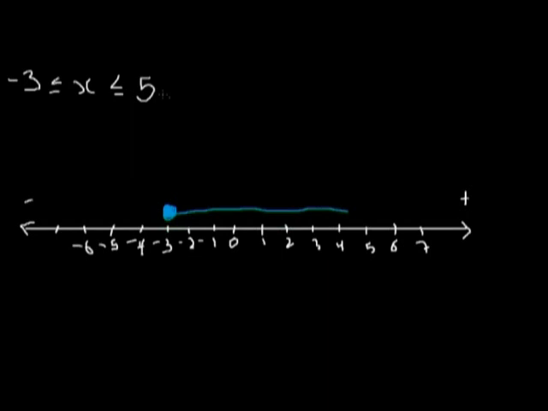And then it will come until 5, where it is limited by this inequality. x is less than or equal to 5, so it will stop here. And it will have a closed circle because we're using a less than or equal to sign. So that is how it is represented on the number line.